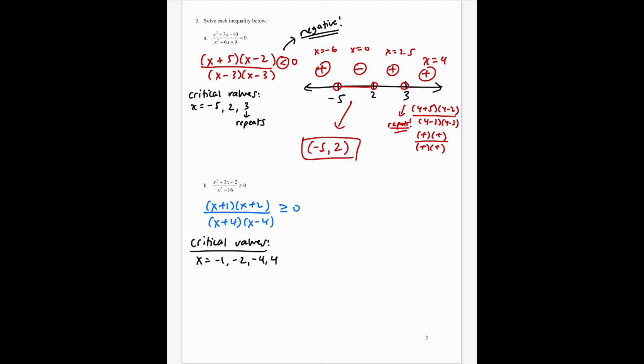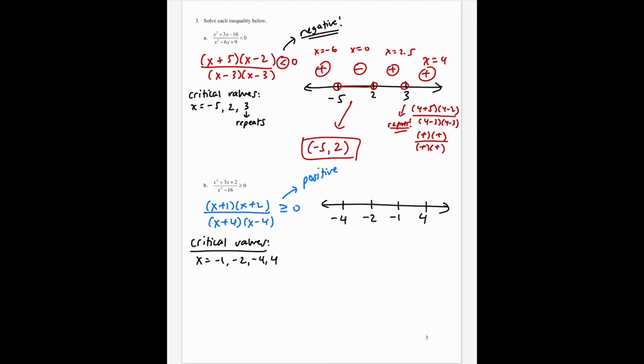So let's make a sign chart. Are 1, 2, 3, 4. Negative 4 is the smallest, then negative 2, then negative 1, then 4. So a couple things I've noticed here. There's an equal to symbol, and this is greater than. So greater than means it's positive.